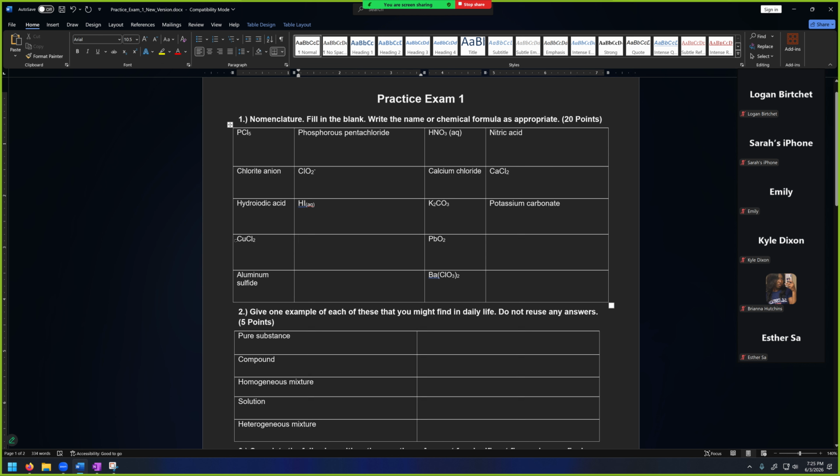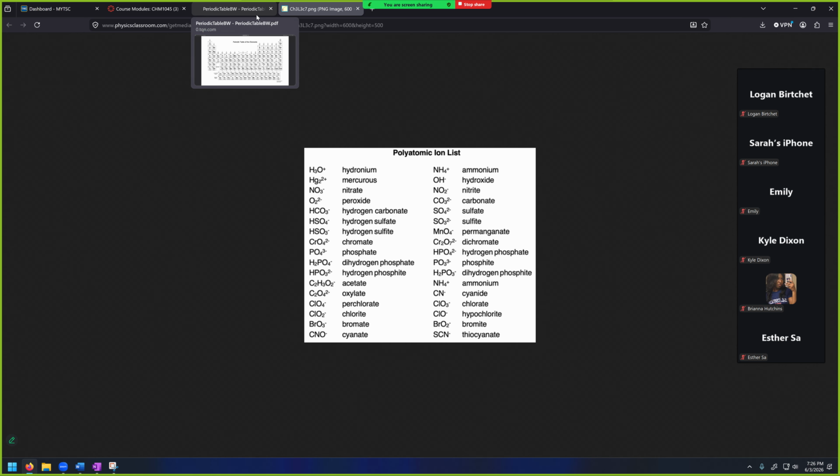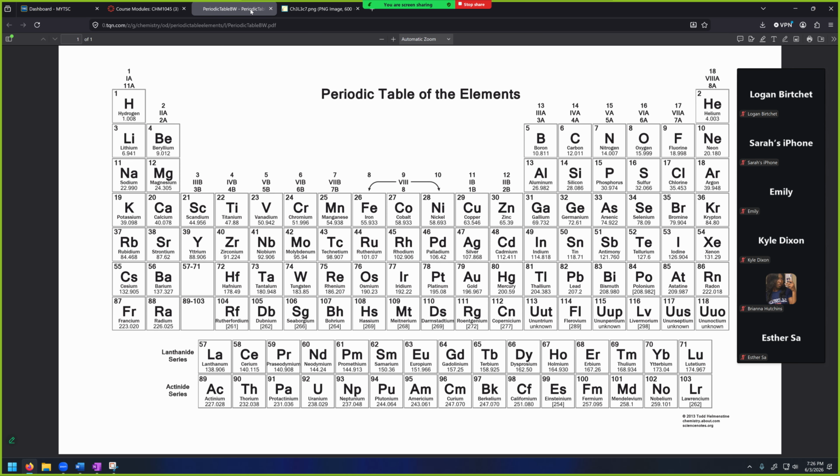Moving on, I see CuCl2. In order to name this, I want to look at my periodic table and figure out what type of material copper is, what type of material chloride is. Chloride is a nonmetal, but copper here we see is a metal, and actually it's a special type of metal. This is a transition metal.